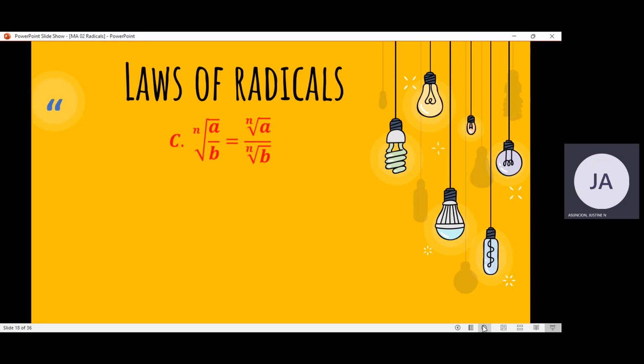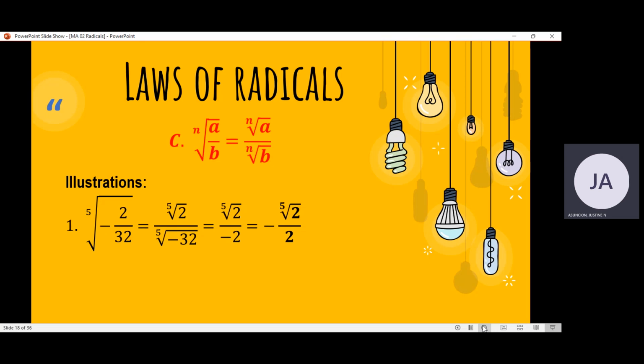And then we have the third law of radicals, which is the nth root of a over b is equal to the nth root of a over the nth root of b. Okay, so applying this with our examples here. Number 1, we have the fifth root of negative 2 over 32.